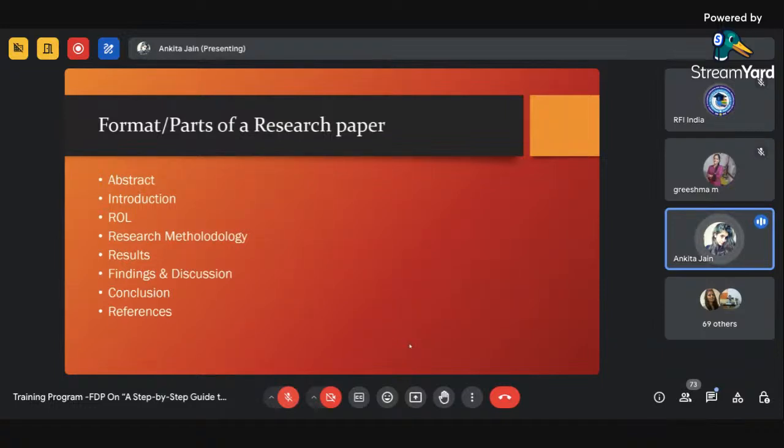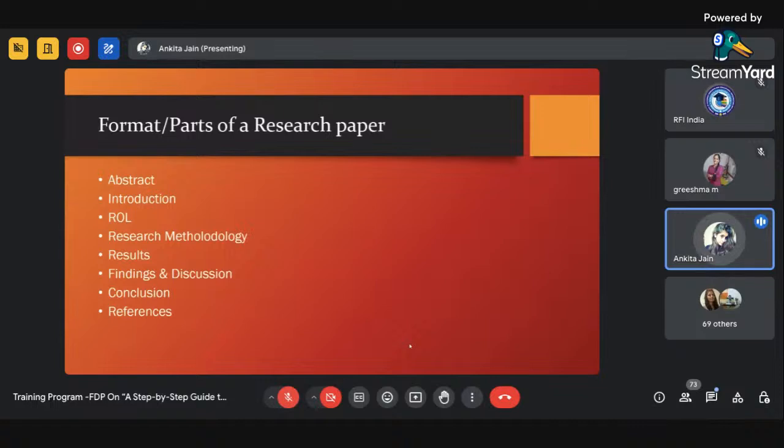I should start with the first part, because ultimately I'm going for the last one. The foremost thing is writing the abstract. That is to be written last, but it's the first thing we see whenever we go through any research paper.